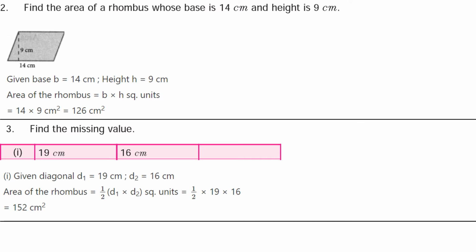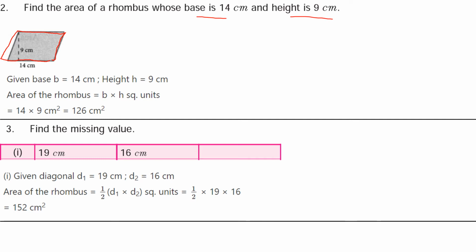Second question, find the area of the rhombus whose base is 14 centimeter and height is 9 centimeter. So here draw one rhombus and mark it. For your verification only we do the drawing. Otherwise, if you know the formula, directly you write the formula.